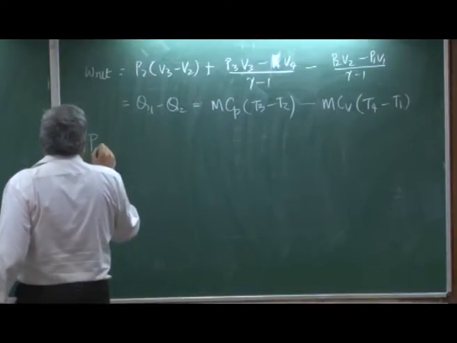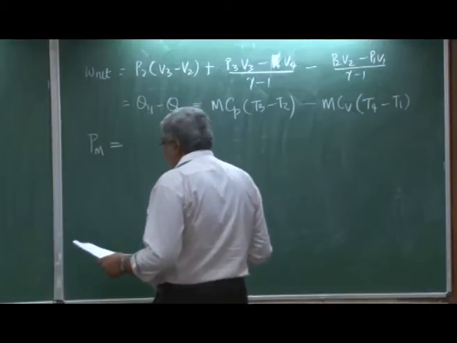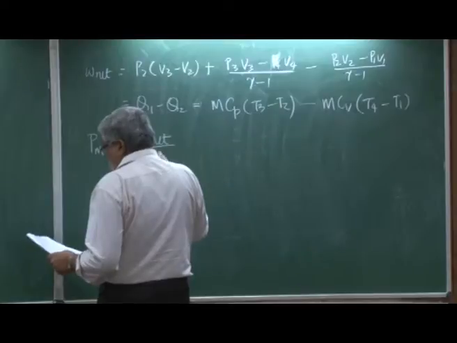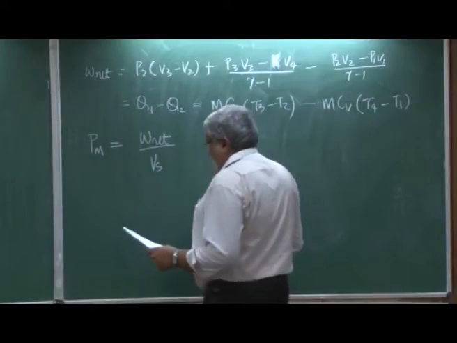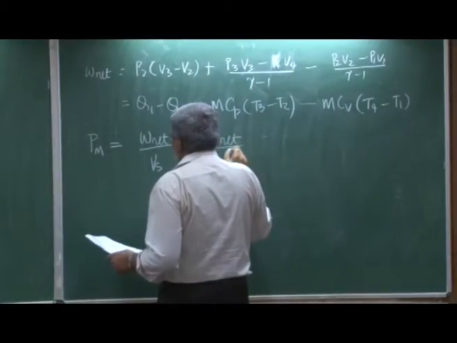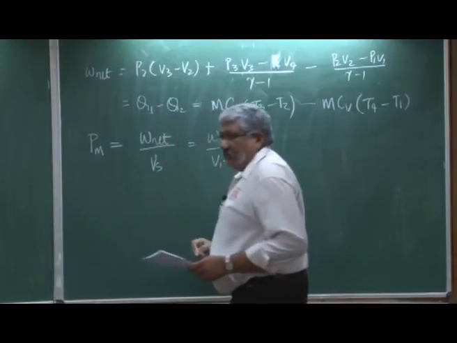Similarly, if you have to find mean effective pressure, what was the definition of mean effective pressure? It was W net divided by swept volume, right? So this you can write as W net divided by (V1 minus V2), okay?